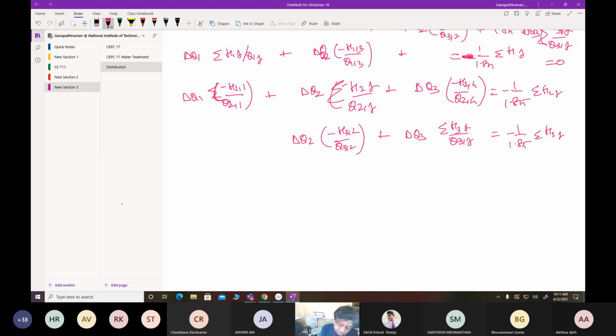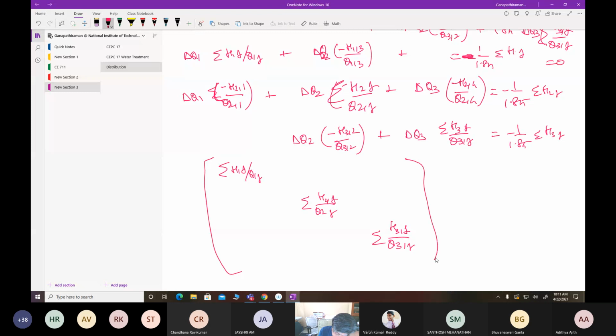So I can write this in matrix form. Sigma of H1J by Q1J is the diagonal element, then H2J by Q2J, and the diagonal element will have H3J by Q3J, into delta Q1, delta Q2, delta Q3.